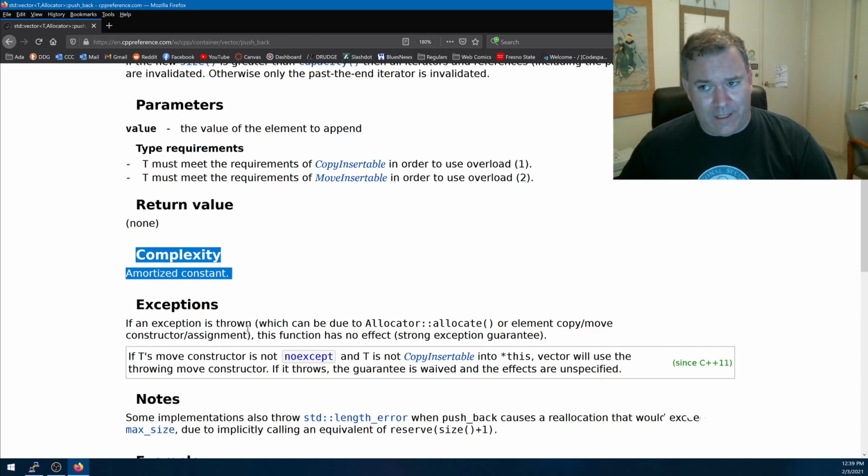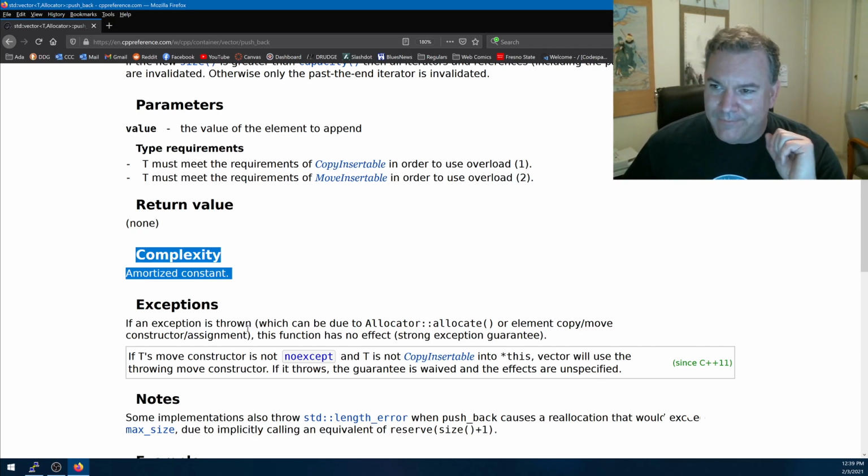So you're like, wait, this isn't order 1. But it is on average order 1. Some of the time it'll be an order n operation, yes, but it is an order n operation once every n operations. So it's like saying a tenth of the time you have to do 10 operations. So that's actually amortized constant running time. On average, it is constant running time.